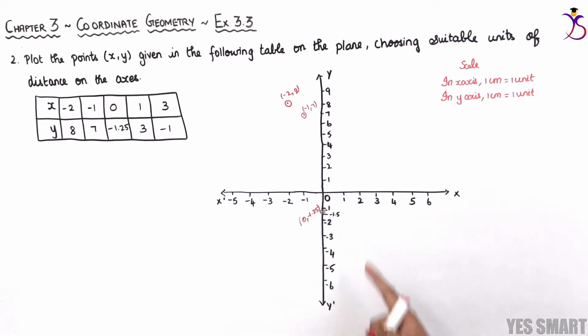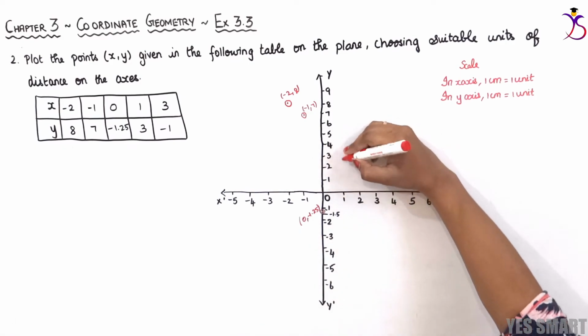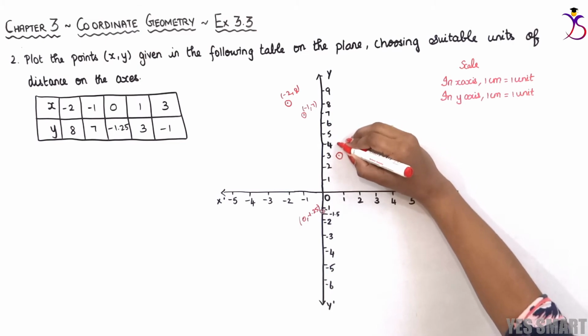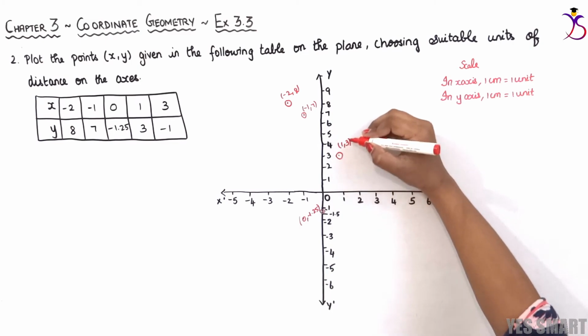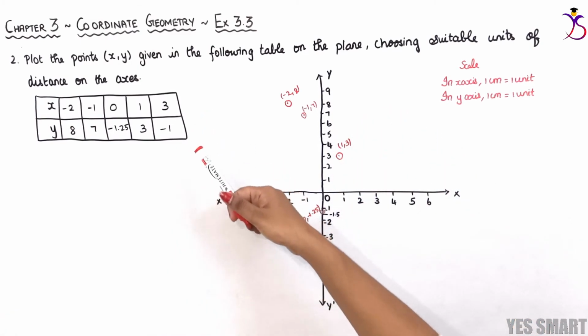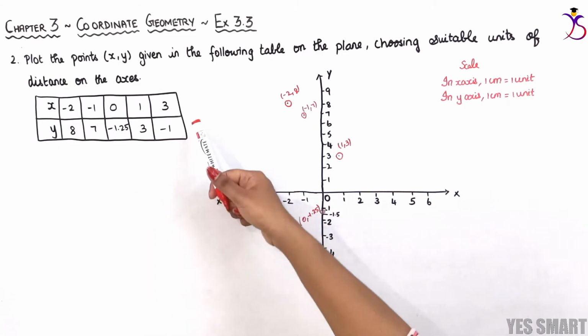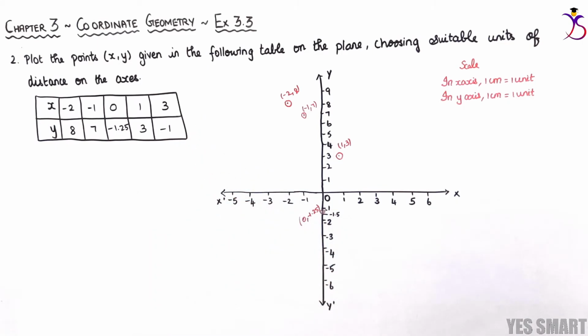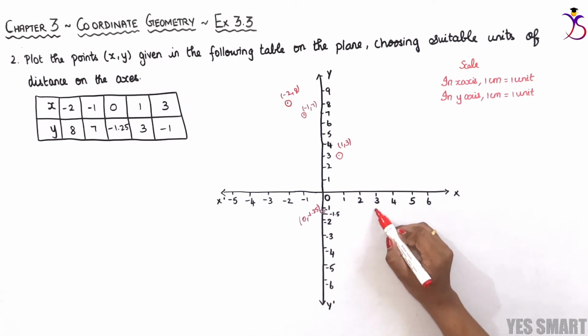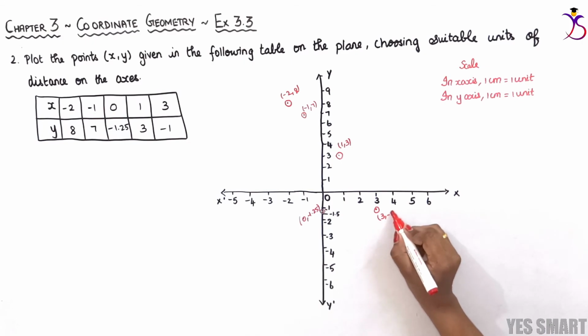Now 1, 3: in x-axis 1 and y-axis 3. So this point comes here. The last point 3, -1: in x-axis 3 and in y-axis -1. Therefore, we will be plotting 3, -1 at this position.